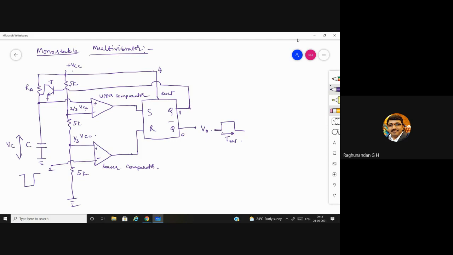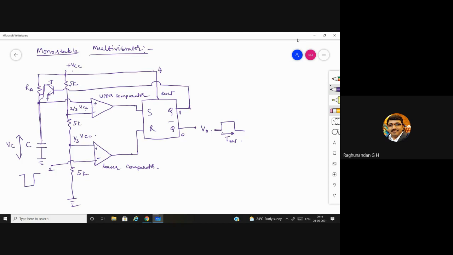During that time, this capacitor is going to discharge through this transistor, and it will lose all its energy. When the capacitor loses all its stored energy by discharging, the voltage across this node will become lesser.